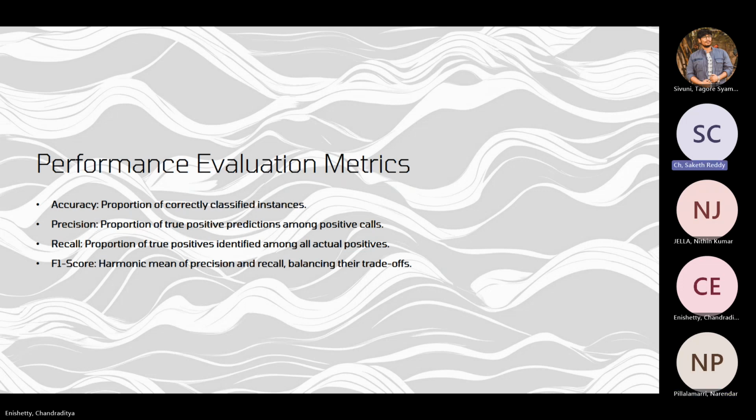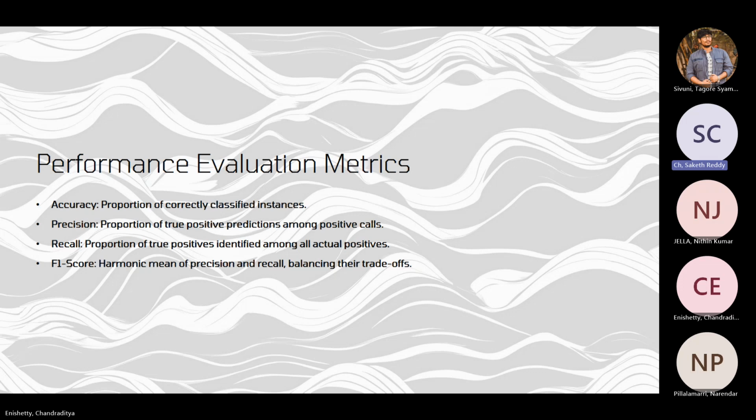Hello, Professor. Now let me go through the training, experimental design, and results. Before that, I'll tell you the basics of the performance evaluation metrics. First is accuracy, the proportion of correctly classified instances. Next, precision, the proportion of true positive predictions among positive calls.